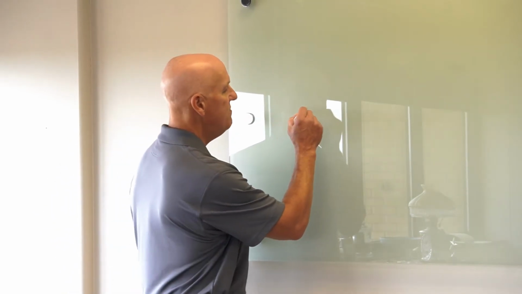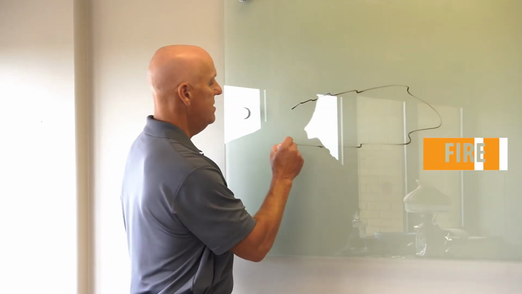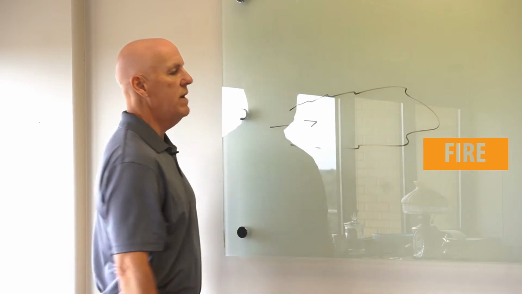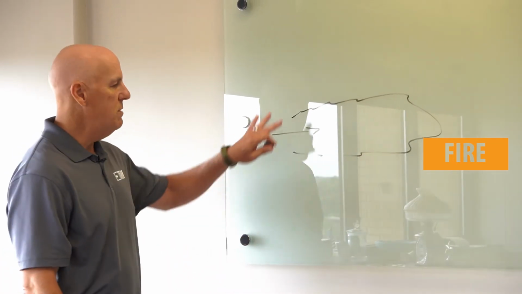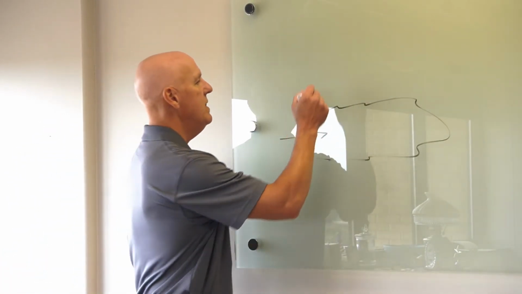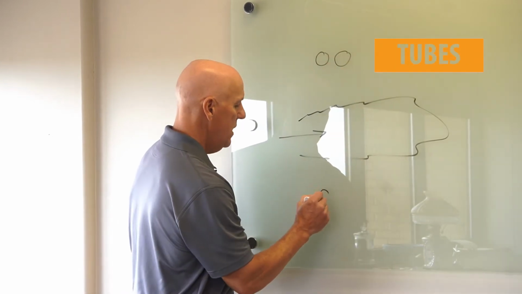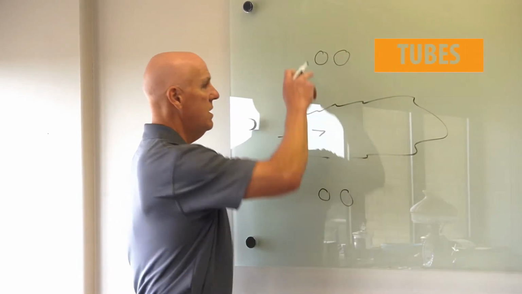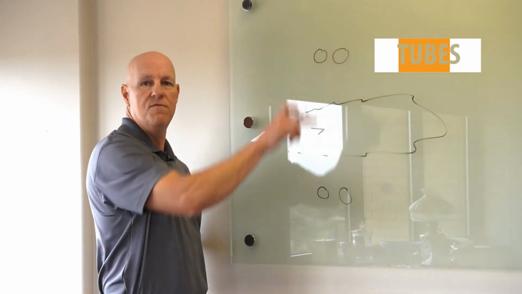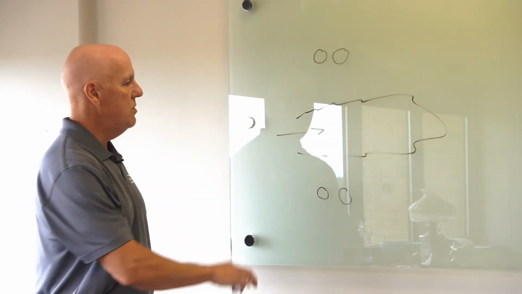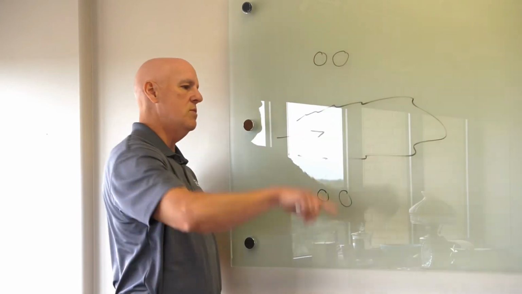So I've got a fire like this, and let's say it's going that way, which is created by a burner, obviously. And then I've got tubes, and let's say these tubes are giant hoops like this that encircle this fire, okay? So think of a helix that rotates around.